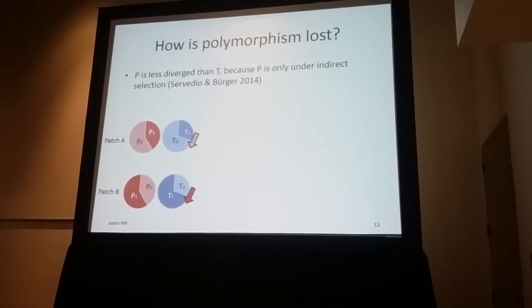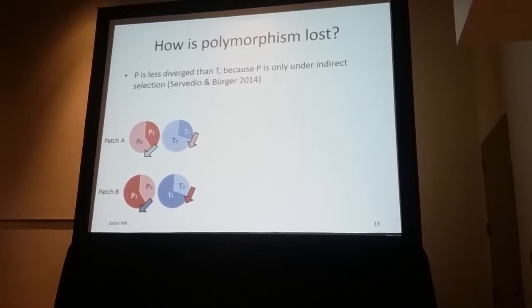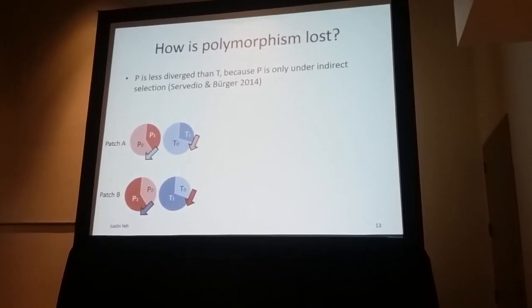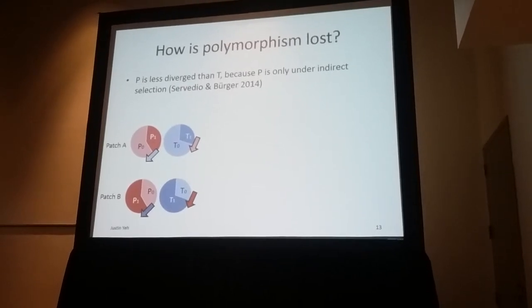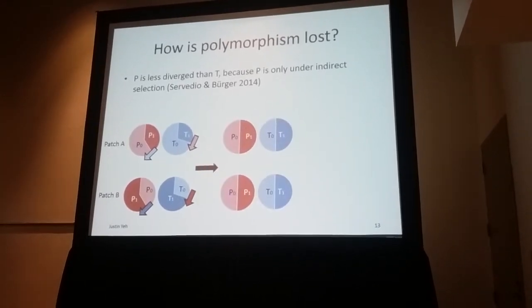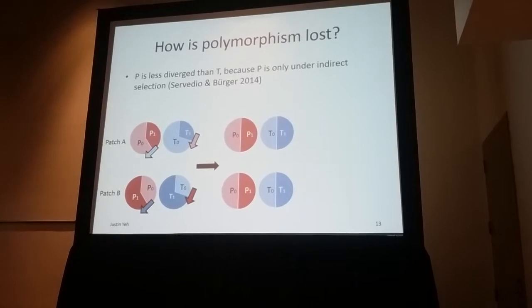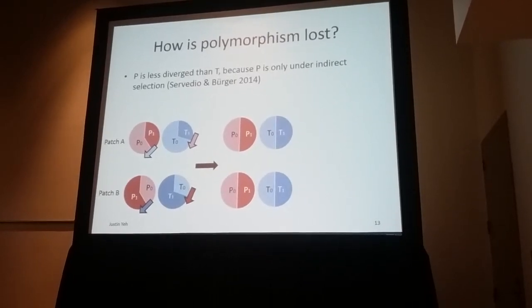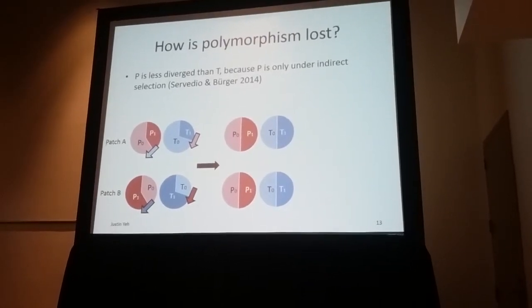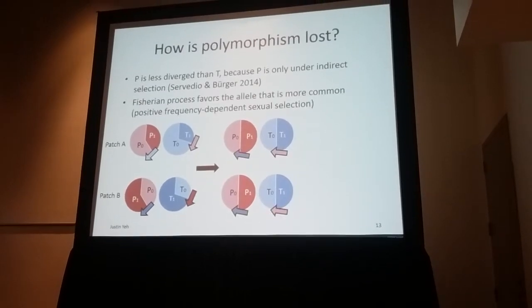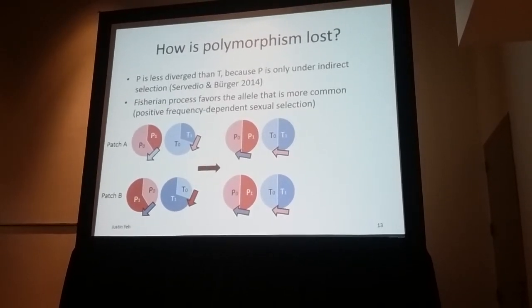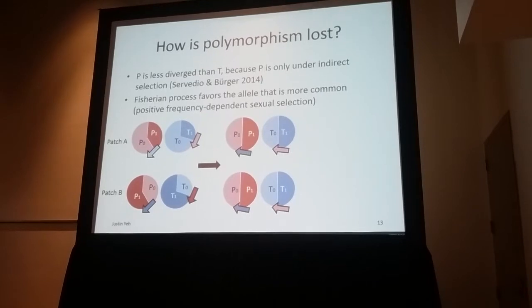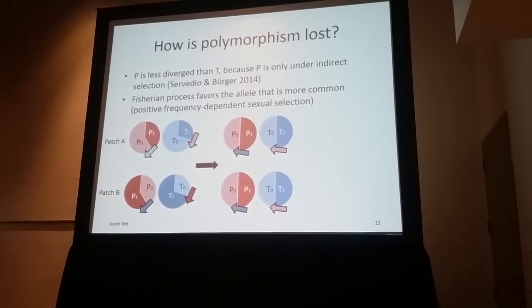And then because of linkage disequilibrium between the trait and the preference, the preference itself is also going to evolve towards homogenization, and this creates a feedback loop until you lose divergence across patches. And then because the allele frequencies are not going to be exactly 50-50, one of them is going to be more common. So whichever one is more common is going to be favored globally by the Fisherian process.